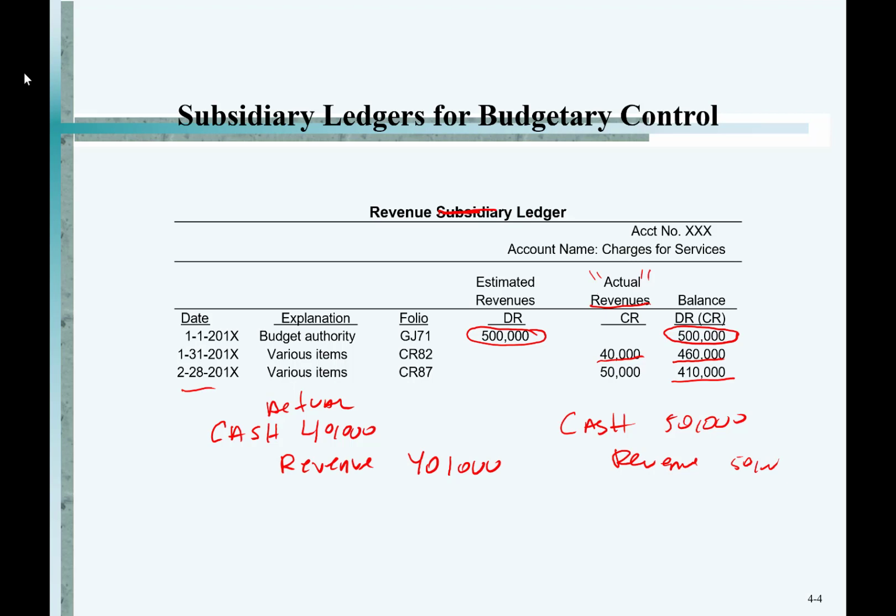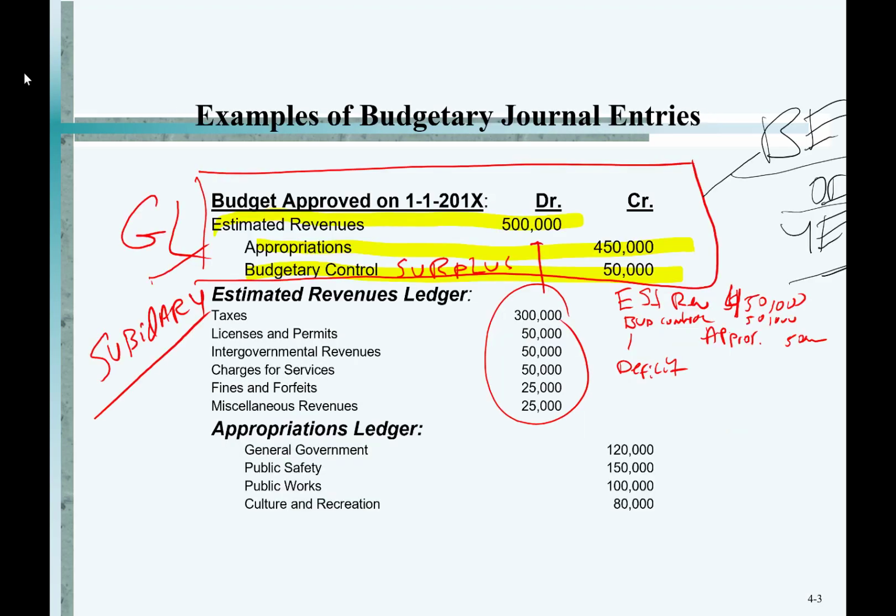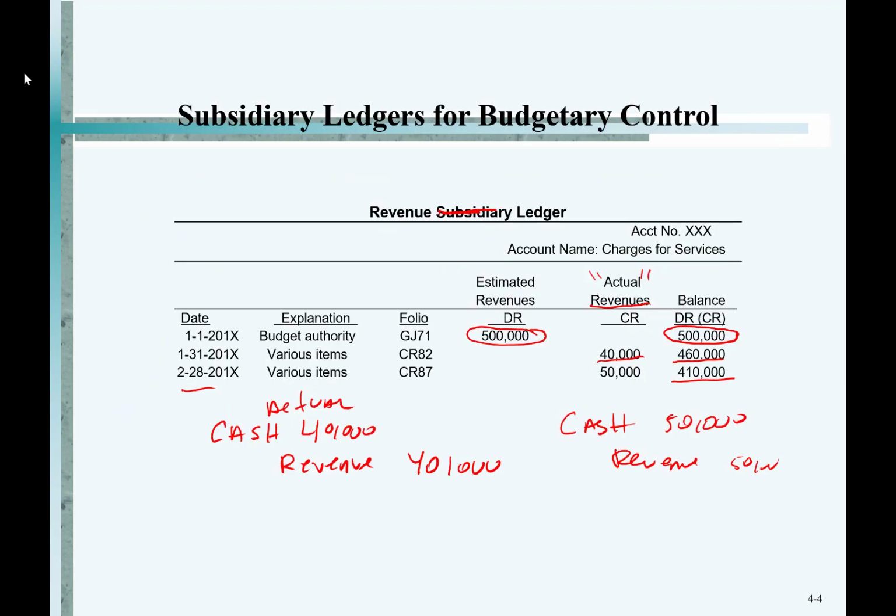So in the revenues ledger, I debit my estimated revenue, don't I? I pick that debit up and stick it right there. And now the balance in here is $500,000 debit, isn't it? Okay. Then what happens?